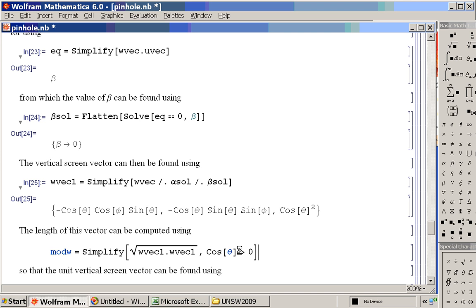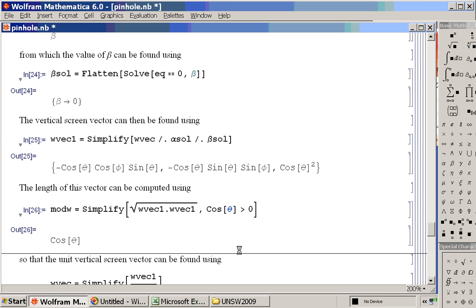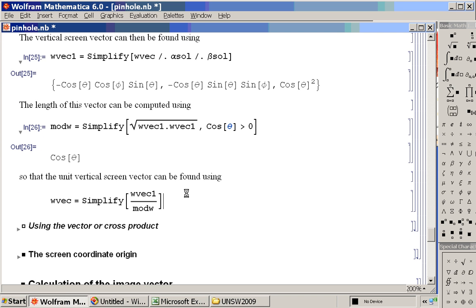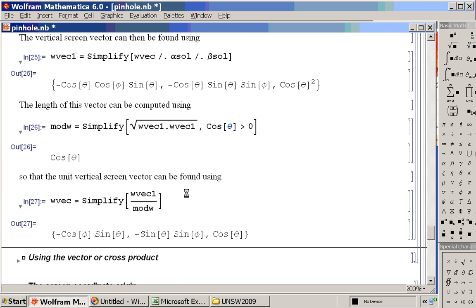Well, theta is an angle between minus 90 and plus 90 degrees, or minus pi over 2 and plus pi over 2. So I simplify that with the constraint that that be positive, and that finds the length of the vector, and so I can divide by that length, and that gives me this expression here for the vertical screen axis vector.